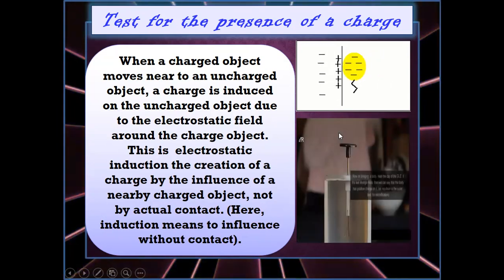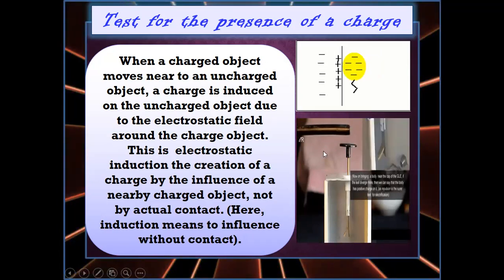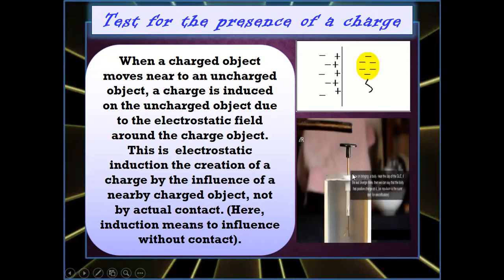If a charged object is brought near to it, the gold leaves repel each other, because an opposite charge has been induced in the metal and the leaves have a similar charge.